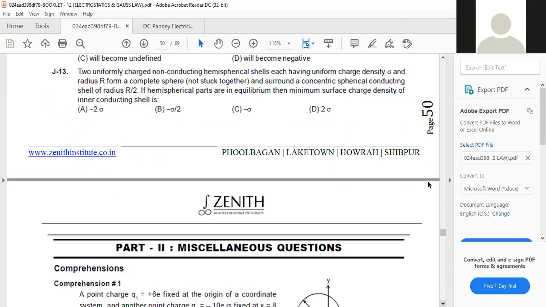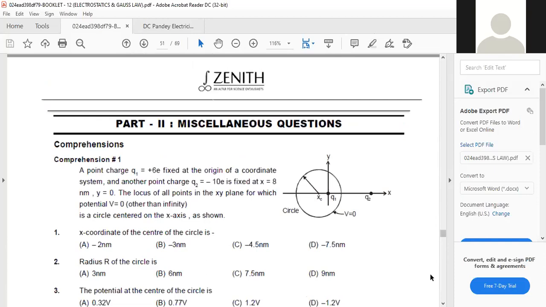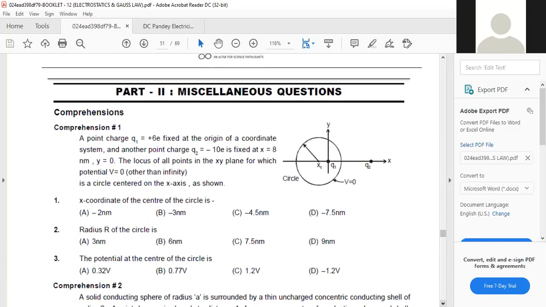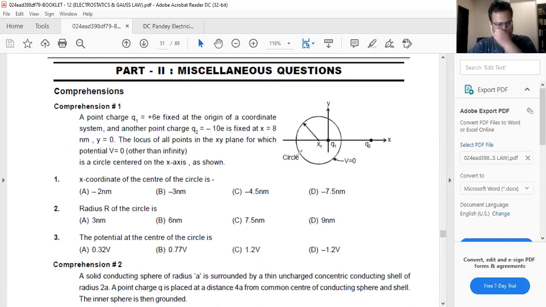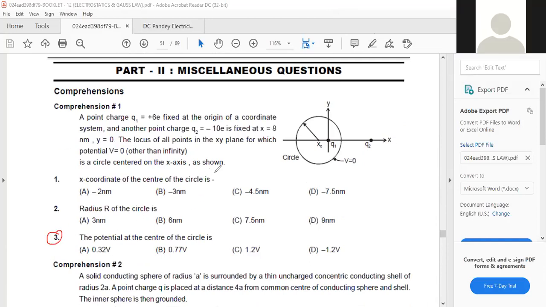Sir, part 2, question 3. Part 2, question 3. Potential at the center of the circle. Oh, part 2, sorry. This one? Yes sir. Okay. We need to find the potential at the center of the circle. This is simple. Do we know the coordinates of the center?